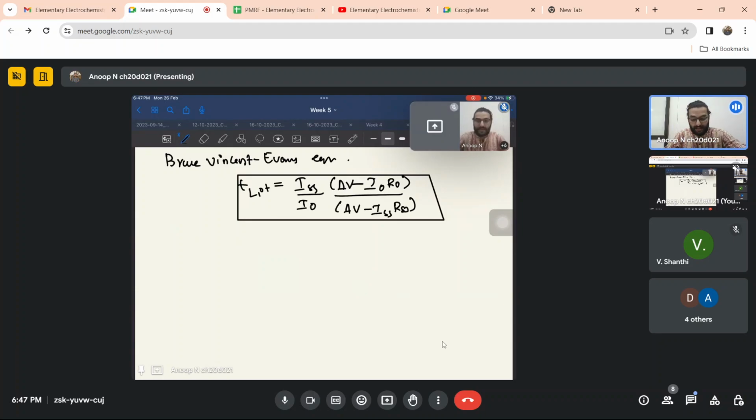So these are the experimental methods to determine it. First one is the weight loss experiment. Second one was the moving boundary method. This is not in syllabus, but it's worth knowing. Its method is called Bruce Vincent Evans method for calculating the transport number.